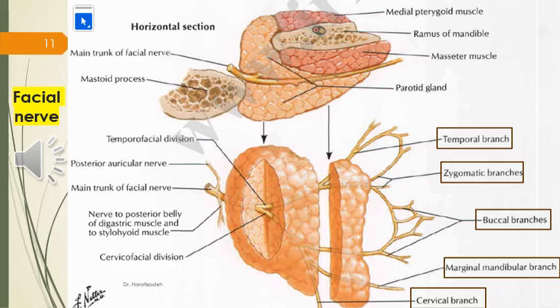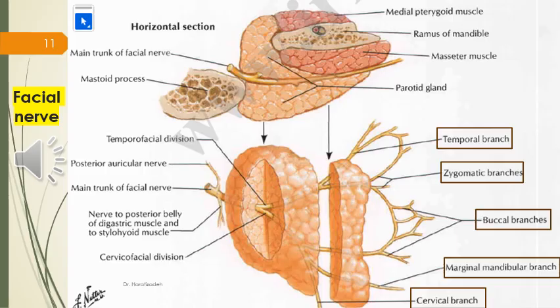Before the facial nerve enters the parotid gland, we have some branches for muscles. As you can see in the picture, I show you with yellow stars: posterior auricular nerve for auricular muscles, and the nerve to the posterior belly of digastric muscle and to stylohyoid muscle.